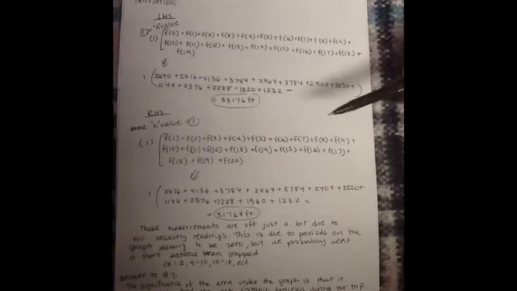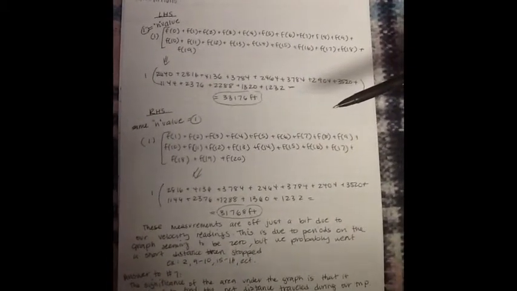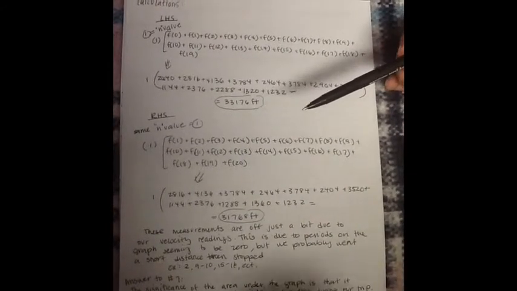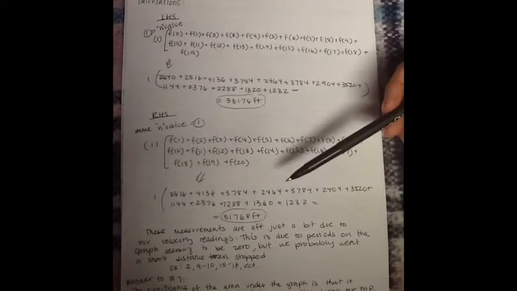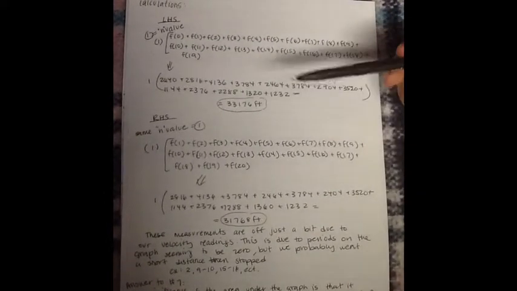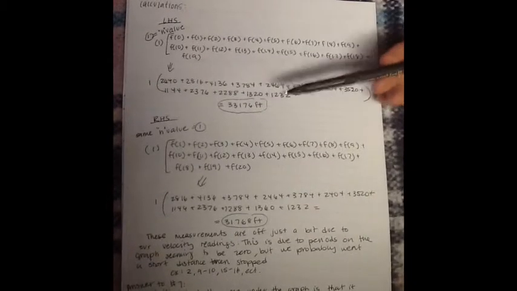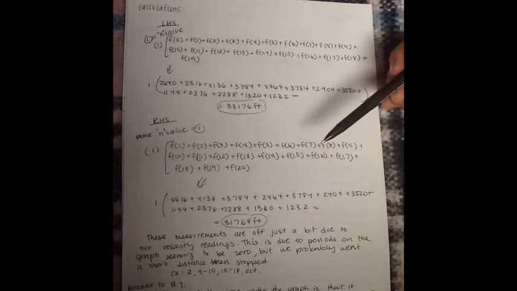Okay, so as a result slash conclusion, we discussed that our left-hand sum and our right-hand sum are significant as an upper or under estimate. In this case, our right-hand sum is going to be our underestimate because it is a lower value, and our left-hand sum is going to be our upper estimate or our overestimate.